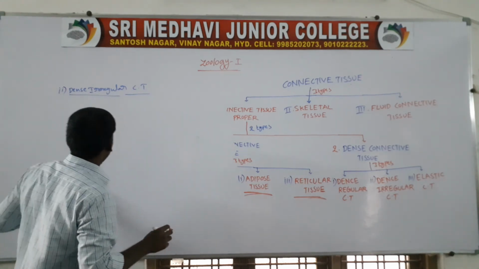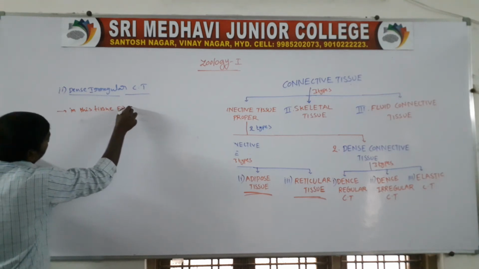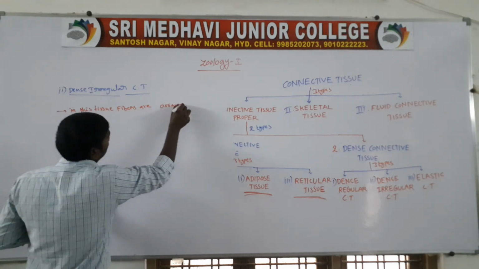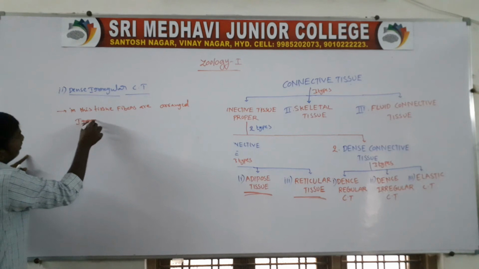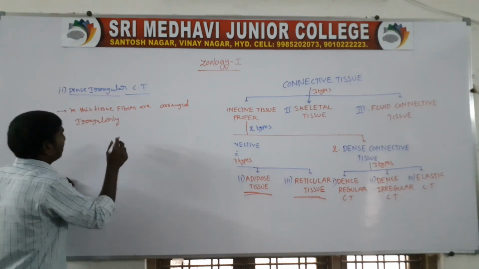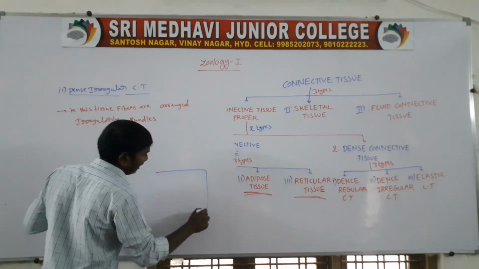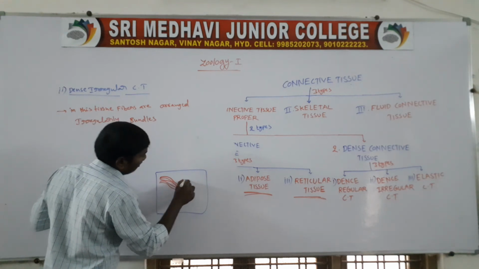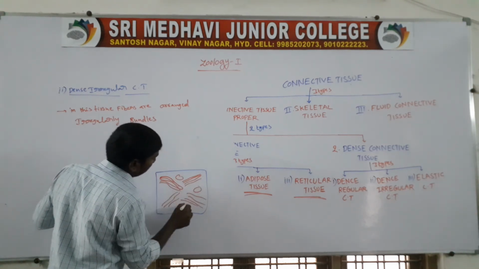Dense irregular connective tissue means in this tissue the fibers are arranged irregularly, in bundles. The arrangement of the bundles is irregular.